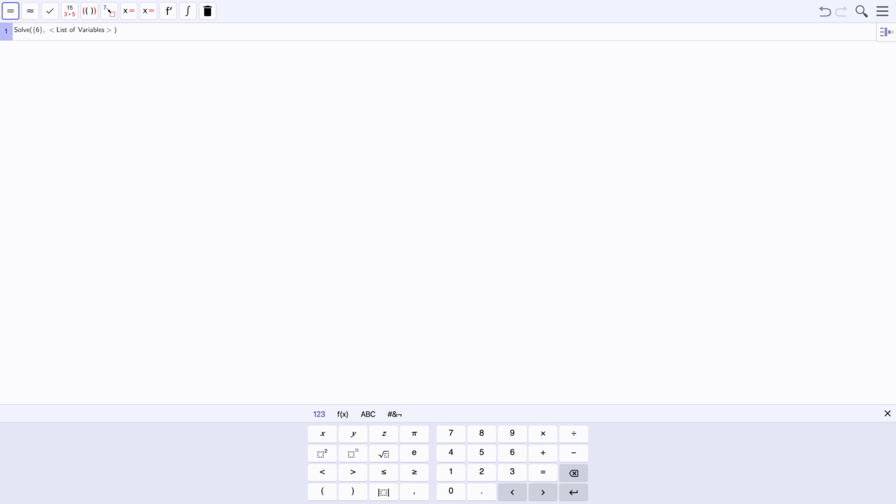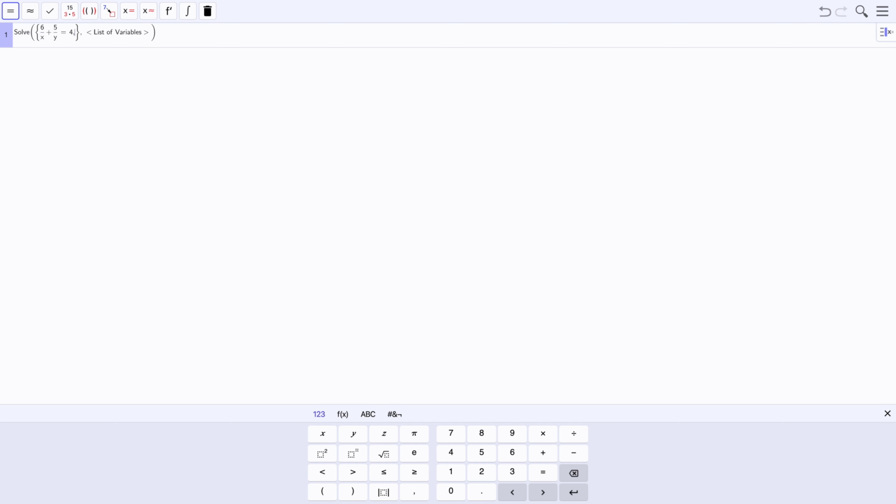So the first equation is 6 over x plus 5 over y equals 4, and then you put a comma.